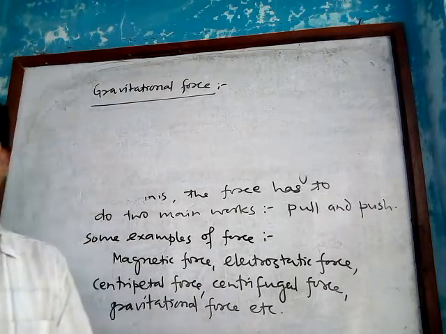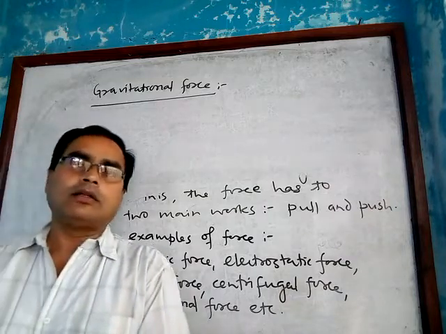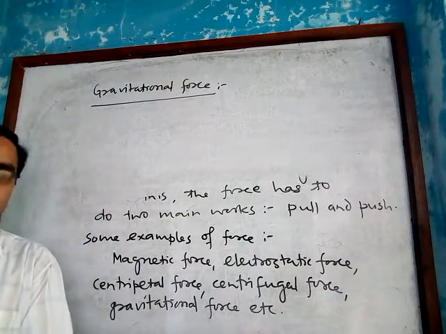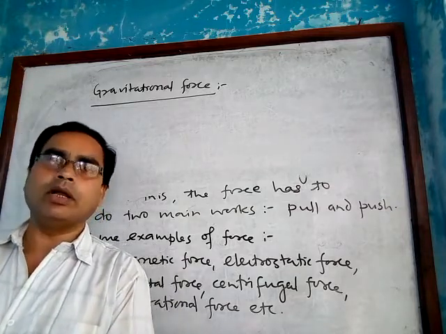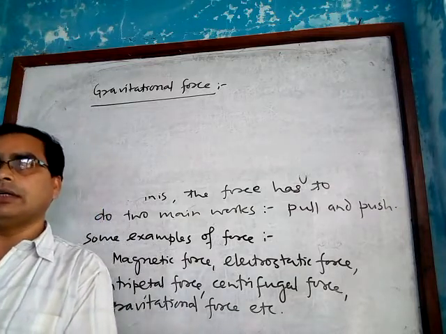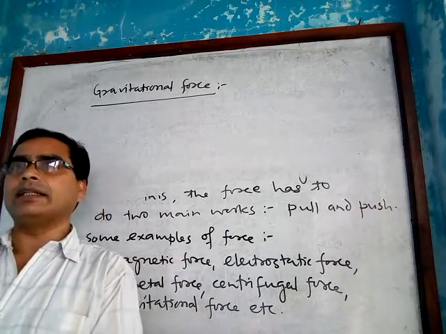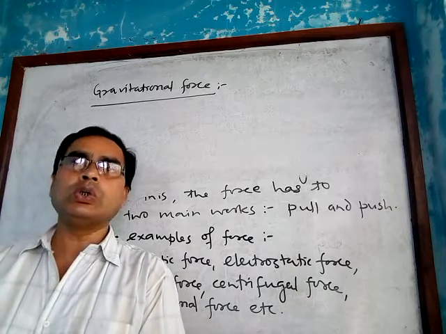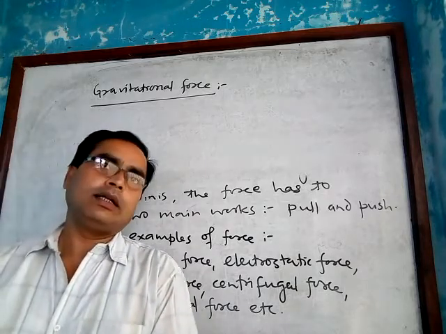Before 1542 AD, it was believed that the Earth is at the center and the Sun and other planets are revolving around the Earth, and that was known as geocentric theory.